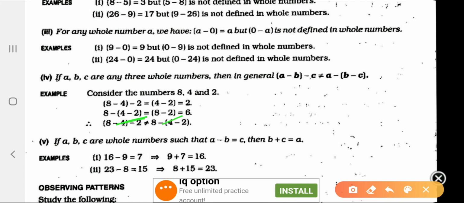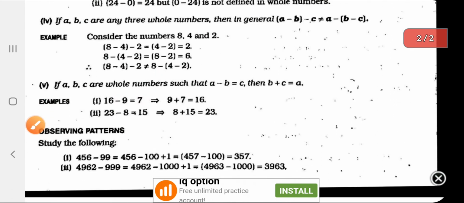But 8 minus 2 is 6, which is not equal to 2. So we can simply say that (8 minus 4) minus 2 is not equal to 8 minus (4 minus 2). Just notice the brackets here. It means subtraction does not follow the associative law.